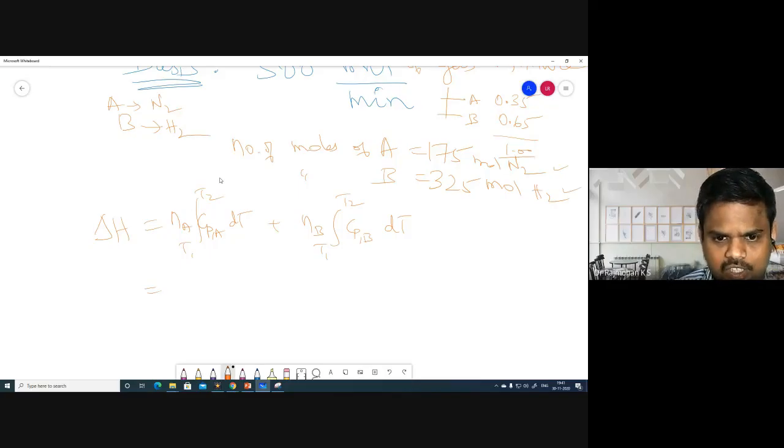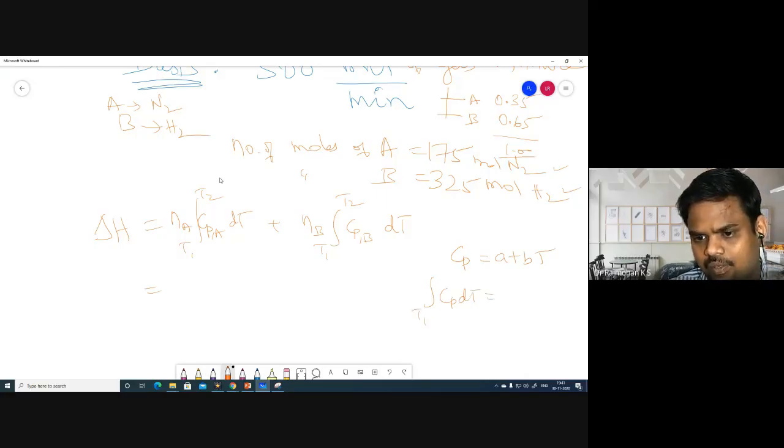Okay, so in general, what is the formula? Let Cp be equal to A plus Bt. So what is integral Cp dt from T1 to T2? We are going to get A into T2 minus T1 plus B into T2 square minus T1 square, which we can write as A into delta T plus B into delta T square.